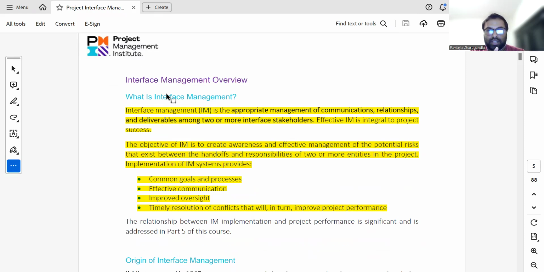It is the communication between two or more stakeholders: how they communicate, what the responsibilities and relationship between them are, what the project duties and deliverables are, and what the benefit of the project is. The flow of communication, relationship, and responsibilities between the two stakeholders is called interface management.